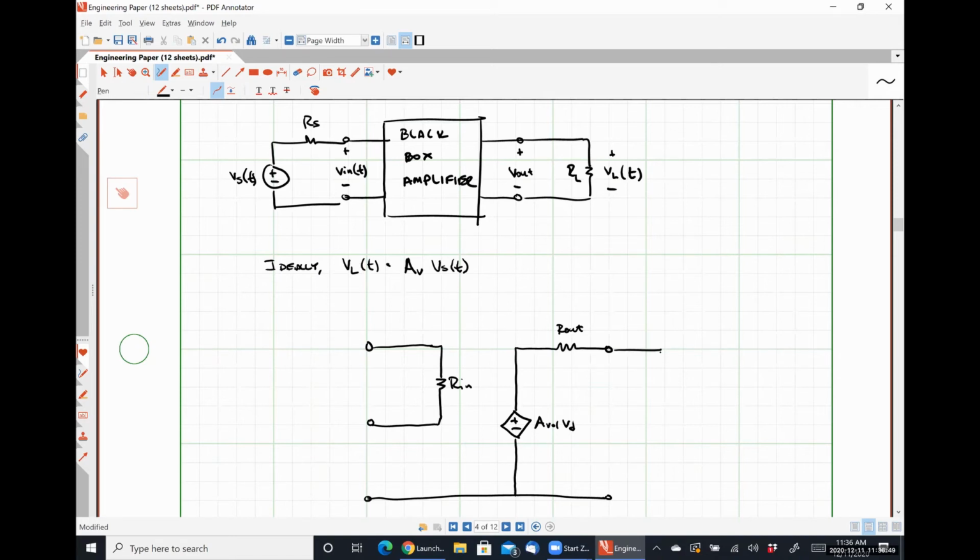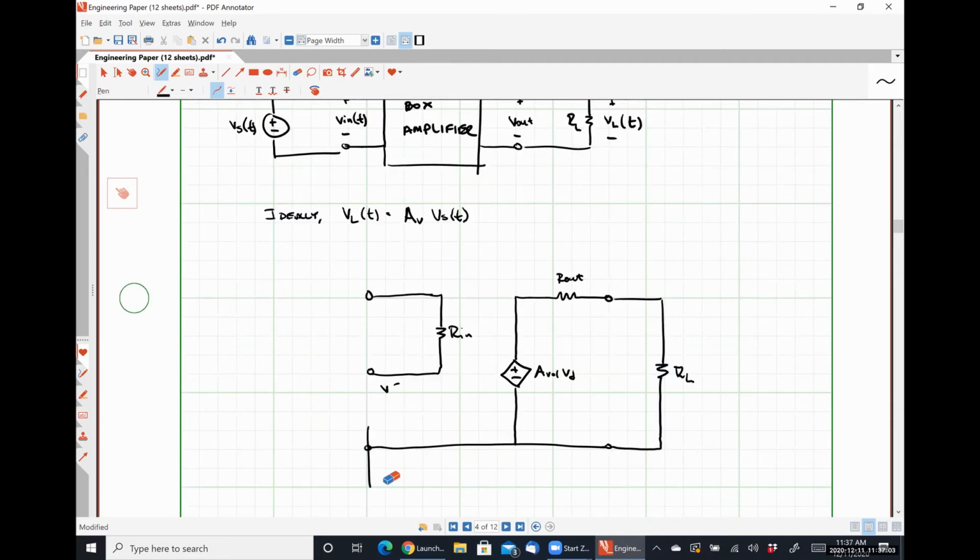Across my output terminals, I'm going to have some load resistance, RL. I'm going to connect V minus to ground here.